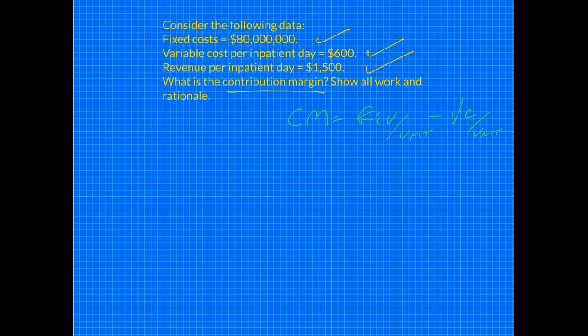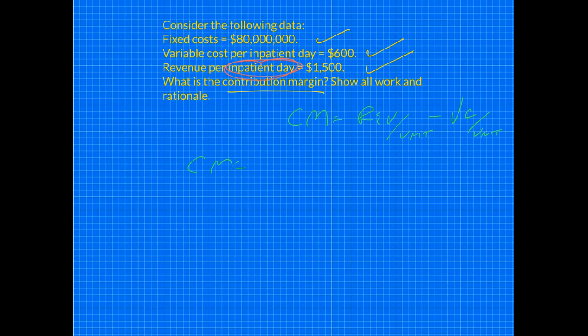But on a unit basis. And that's all we need to do is set up the problem like this. So what is our revenue per unit? Is it given here? It is. Revenue per inpatient day. We want to find the contribution margin. So we know the unit in this case is going to be those inpatient days. So we're going to use that.